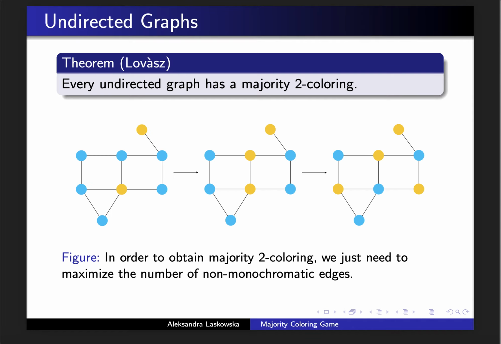And in order to do so, we simply need to maximize the number of good edges. And the process cannot go on forever, so in fact, at some point we will obtain majority coloring. So it is basically what we did in our previous example.